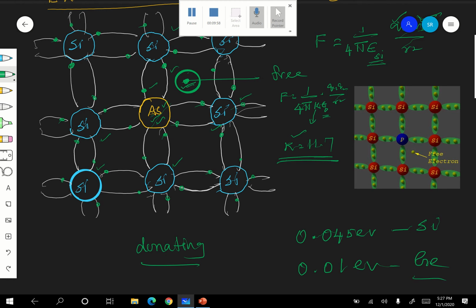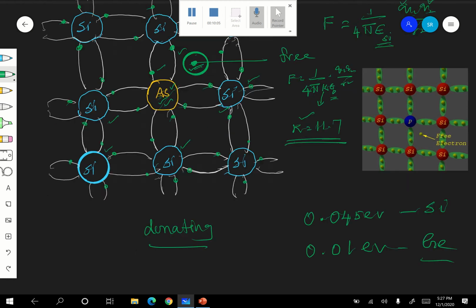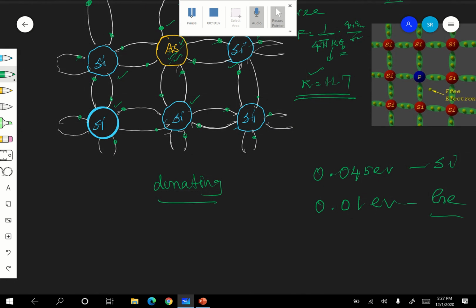When they jump, some holes are produced in the valence band, and an equal number of electrons are produced in the conduction band. This is the intrinsic characteristic, correct?